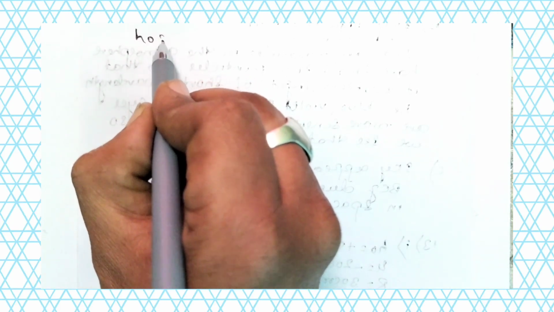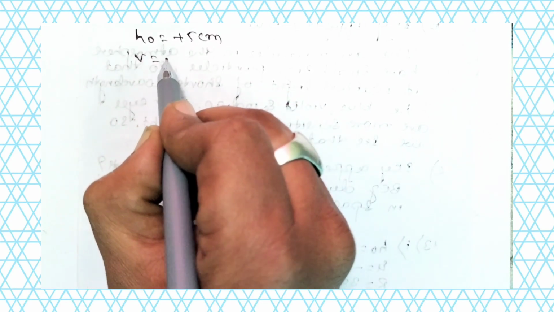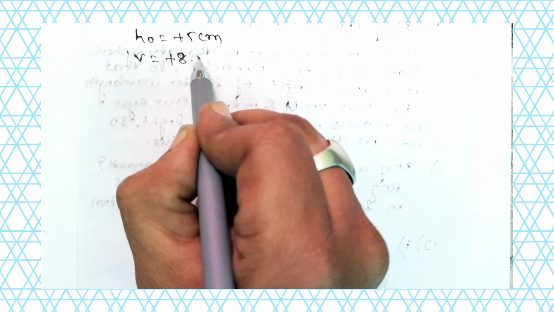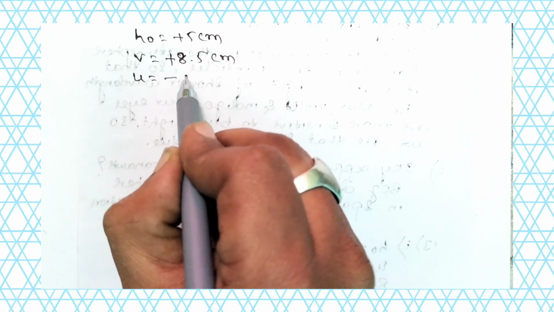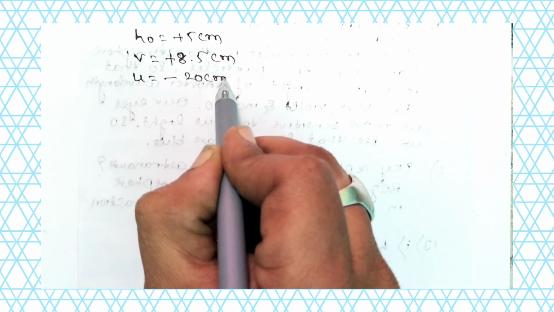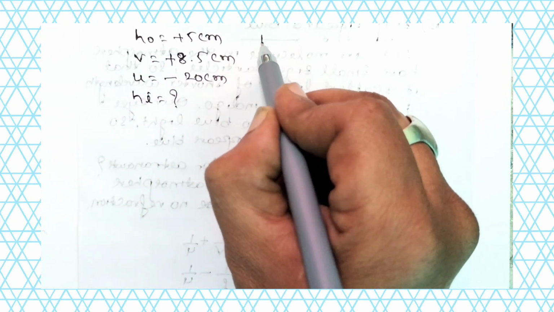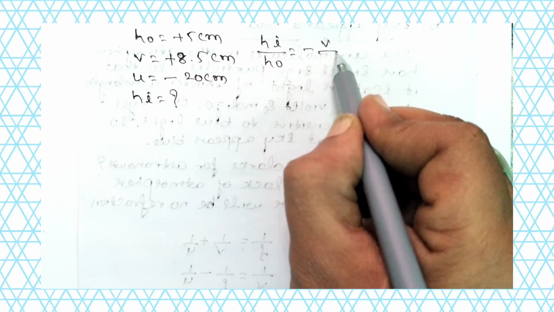So h naught is given as plus 5 centimeter, v is equal to plus 8.5 centimeter, u is equal to minus 20 centimeter. Now let us find out the height of the image. So hi by h naught is equal to minus v by u.